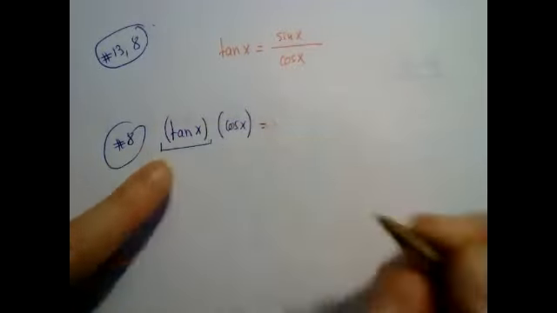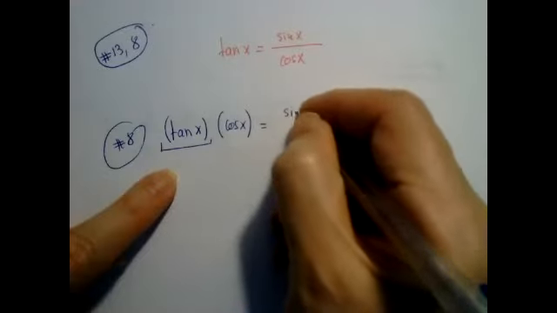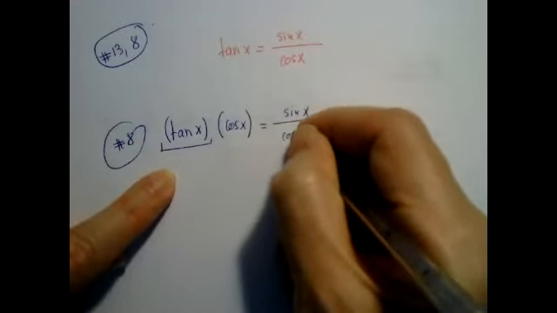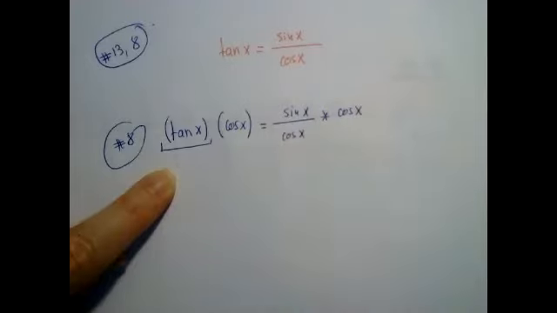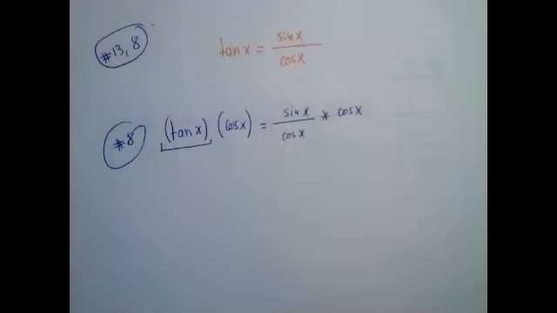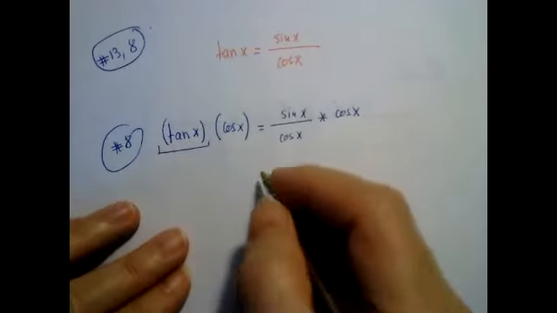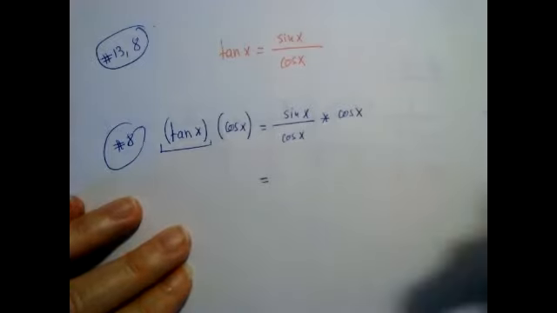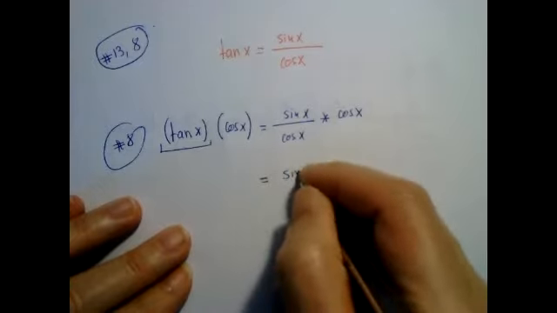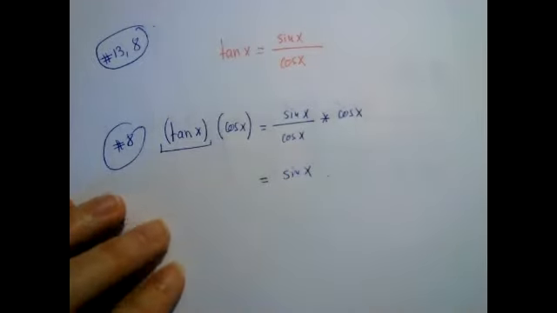Tangent of any angle is the sine of it divided by the cosine, and you multiply this by the cosine. So what will this give me? Wouldn't it just leave you with sine? Absolutely correct.